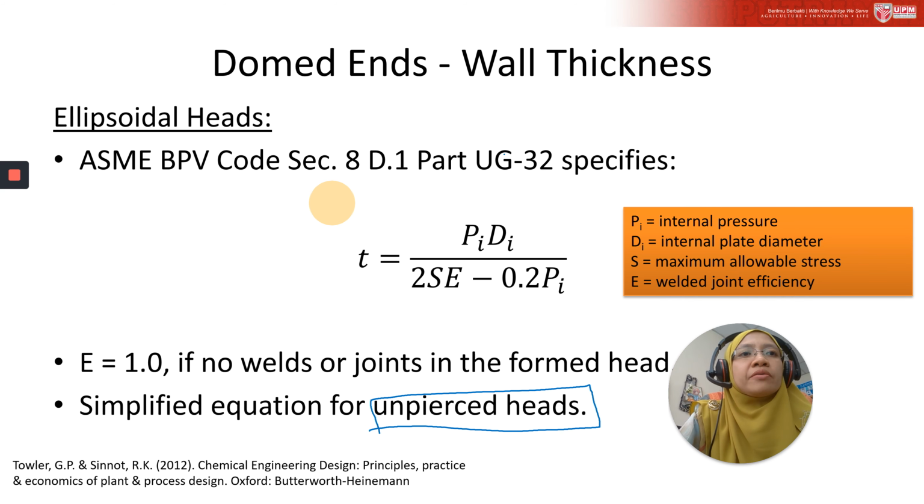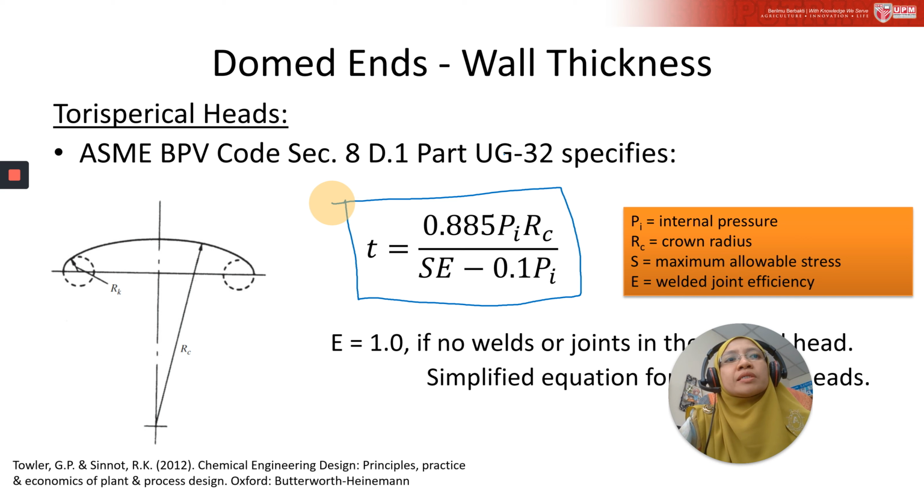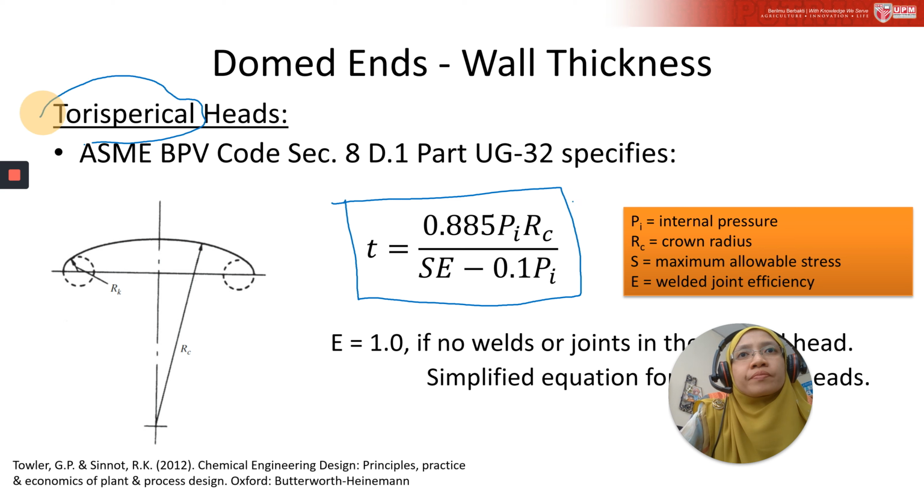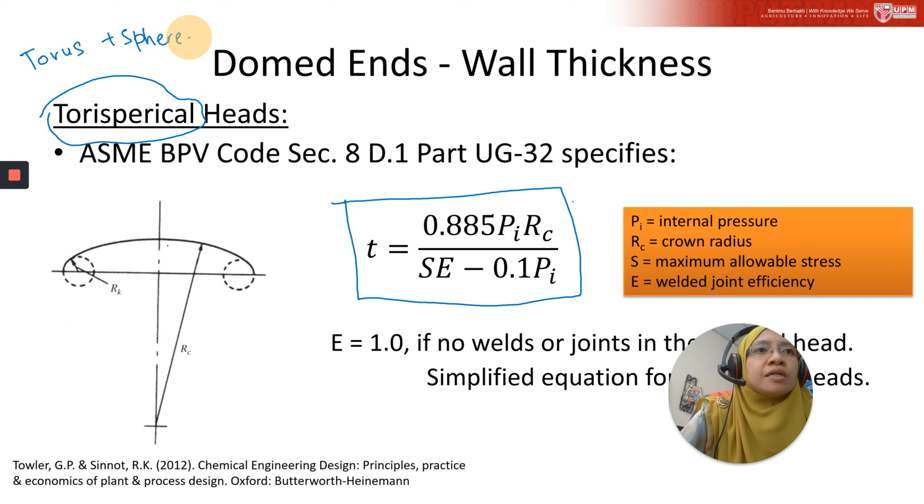But for torispherical heads, you must know the torispherical geometry. There is a special parameter called the crown radius, RC, so you need to know the crown radius.